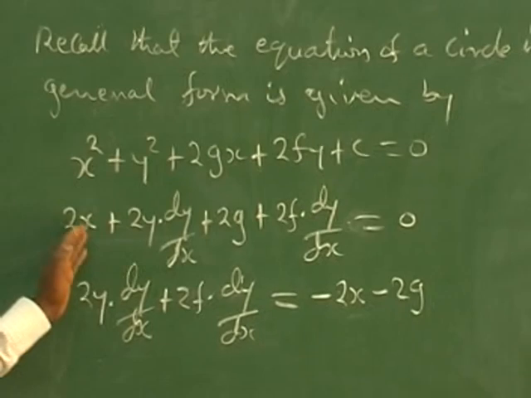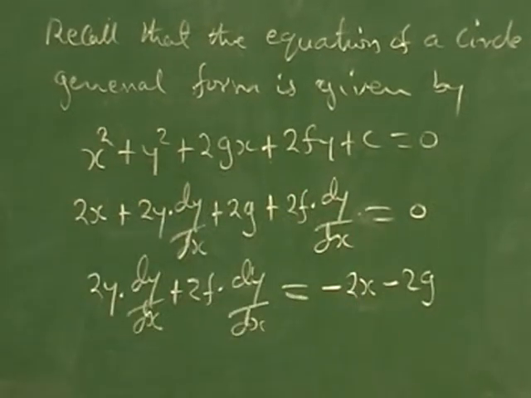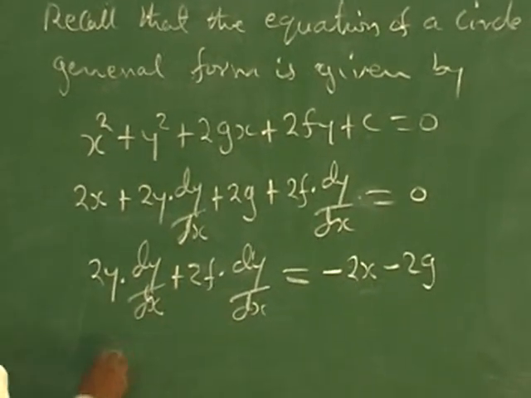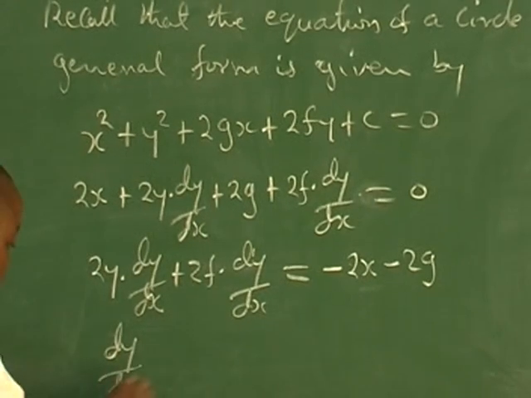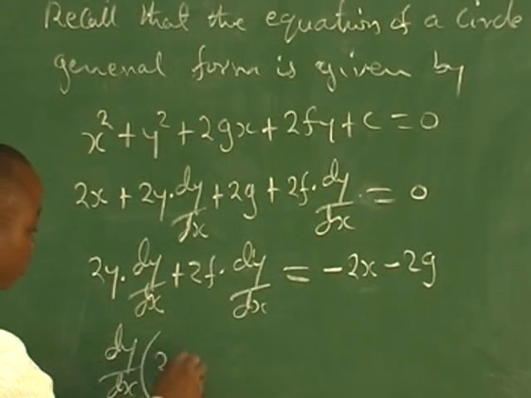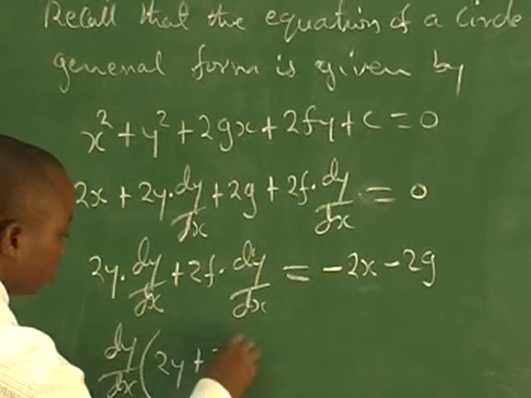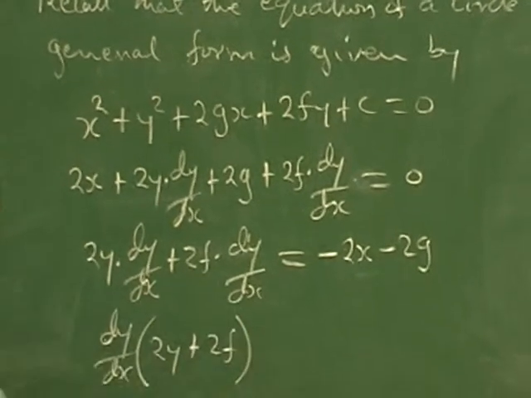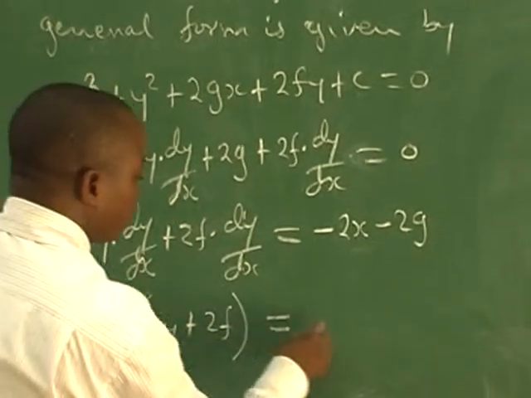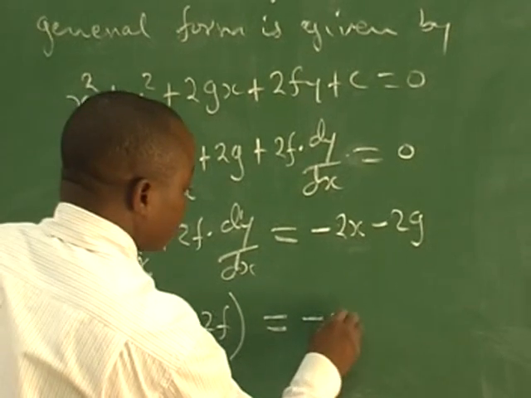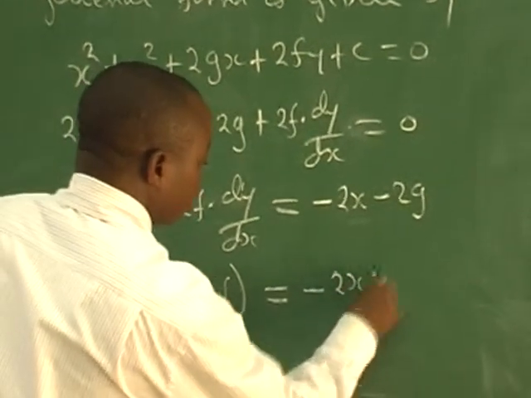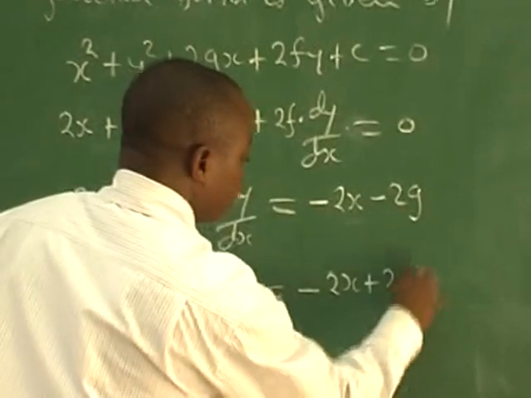Minus 2x, I'm transferring this term to the other side. Now I can factor out dy/dx. dy/dx, then we'll have 2y plus 2f, and it will be equal to minus 2x plus 2g.